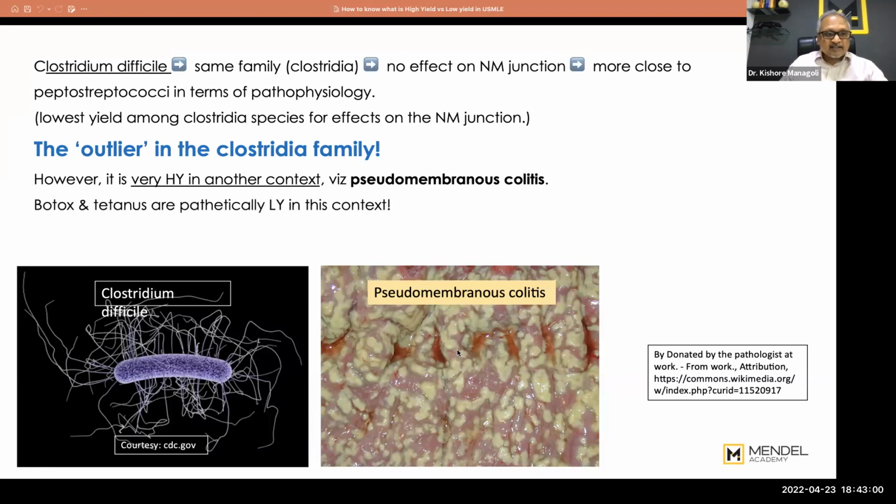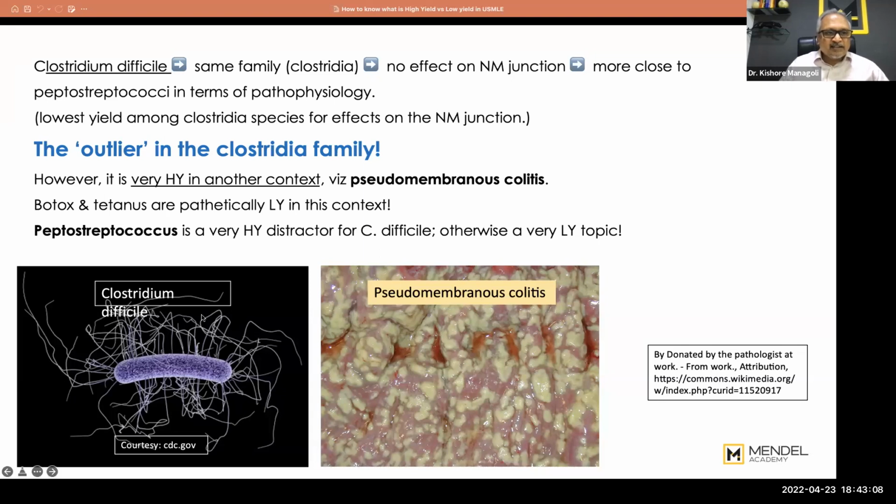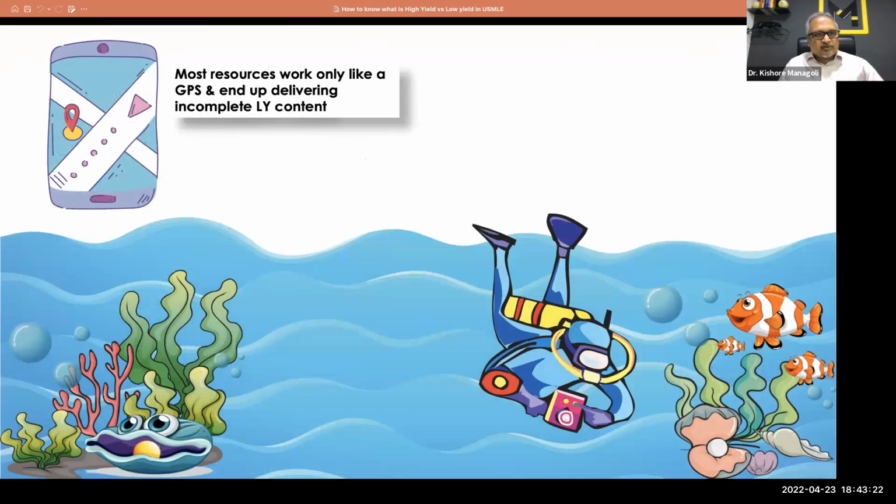And in this context, Botox and tetanus are low yield. So that is how you should read stuff in the proper context. And here, this low yield Peptostreptococcus is a high yield distractor for C. difficile because it can cause exactly a similar picture like pseudomembranous colitis. So everything is relative, nothing is absolute.